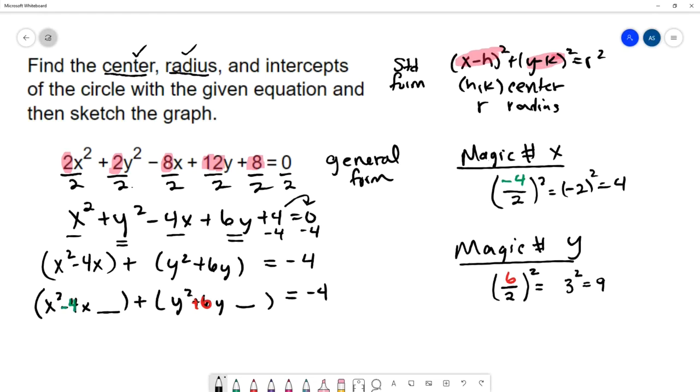I want to add these magic numbers to the x group and the y group, but you're not allowed to just add any number you want anytime. You have to balance the equation. Whatever you do to one side, you have to do the same thing to the other side.